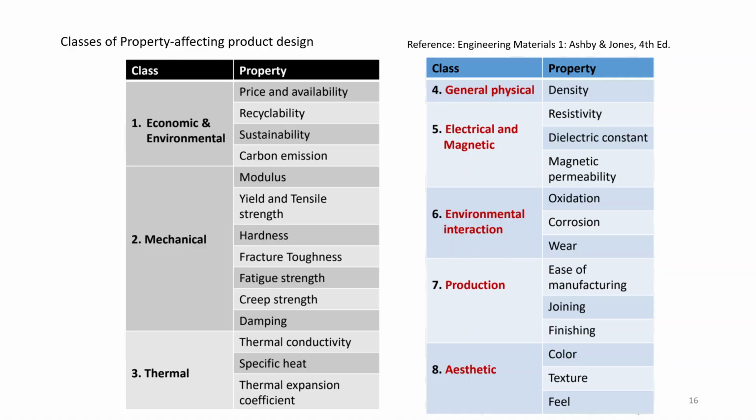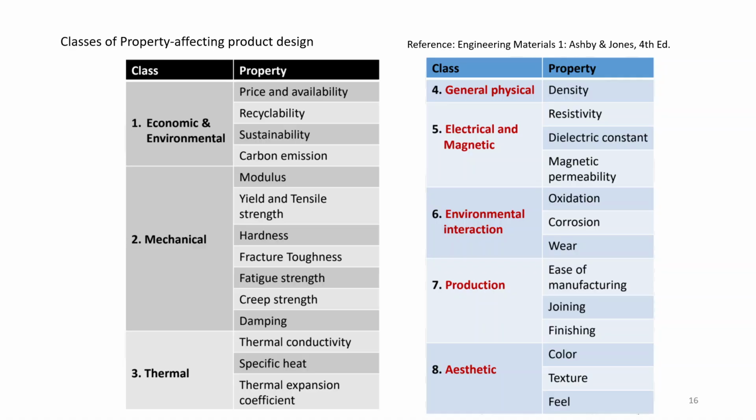Next is classes of property affecting product design. So firstly you have economic and environmental properties. So these are the price and availability, recyclability, sustainability and carbon emission. For example, polymers are very cheap but they are not sustainable materials because they are not biodegradable.